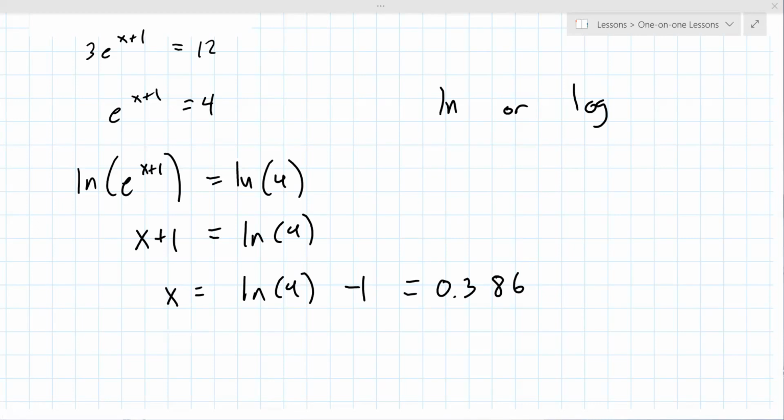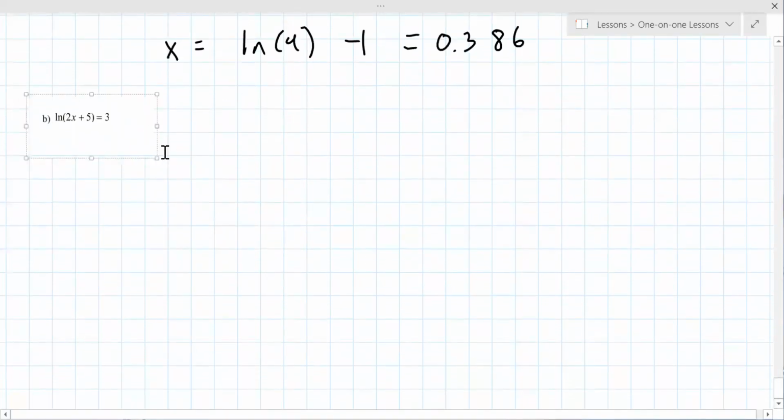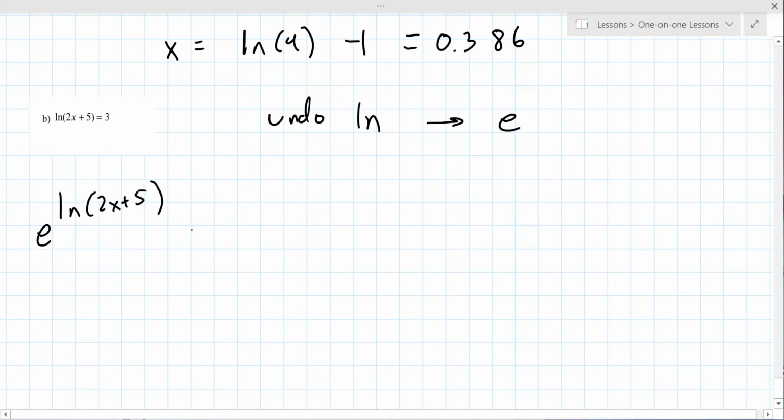Let me see. The rest are logs. Sometimes they mix these together. Okay, so this one, to get to the x, you have to undo the ln. You undo ln with e. So e to the ln of 2x plus 5 equals e to the 3.